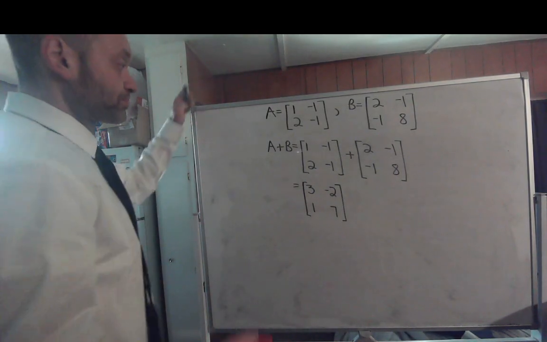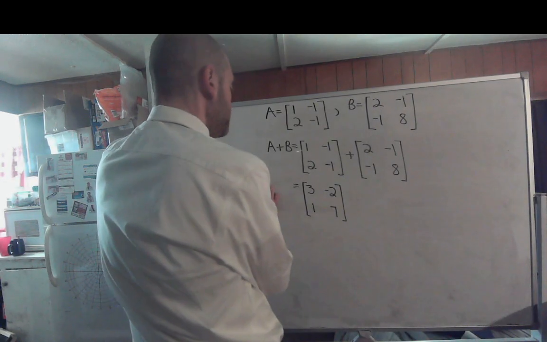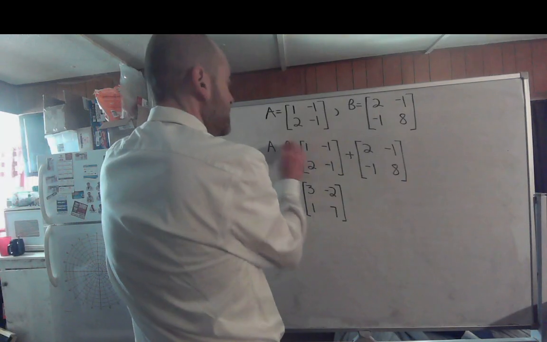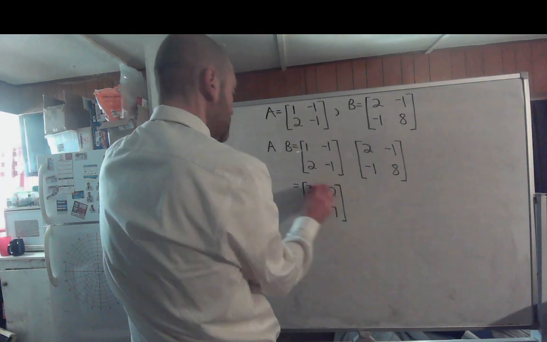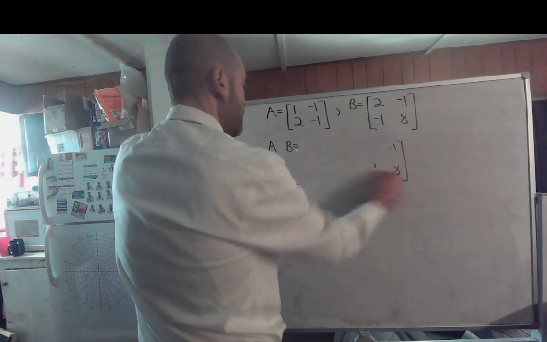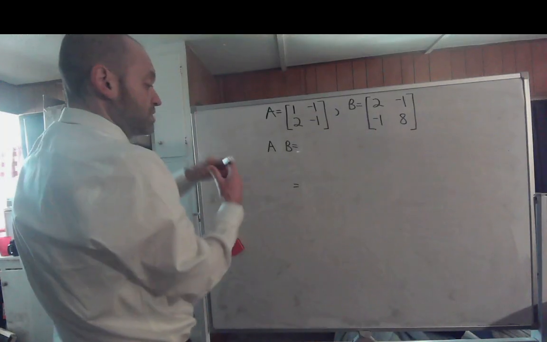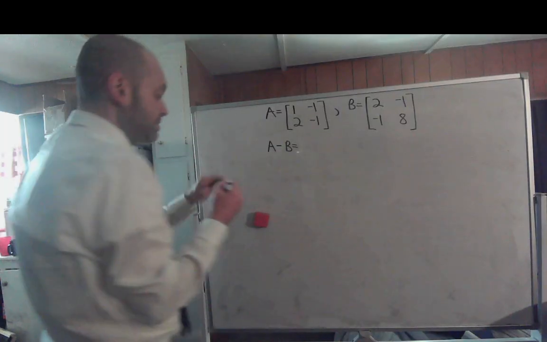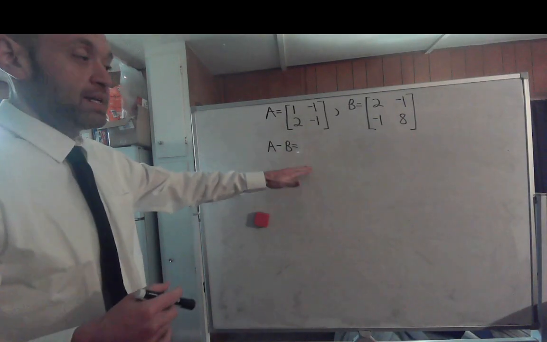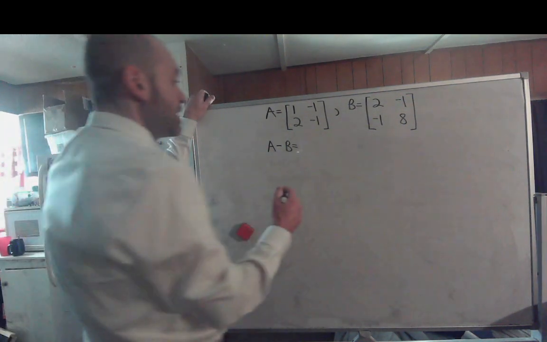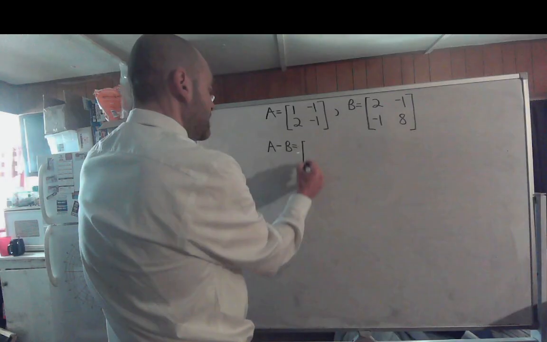Now, what if we were to change this? This time, we're deciding we want to subtract B from A. I'm going to take matrix A minus matrix B. Well, we're going to still write out our matrices.